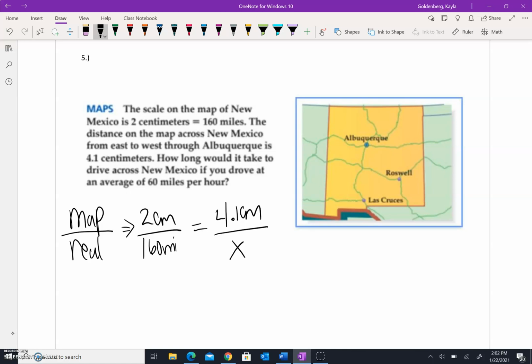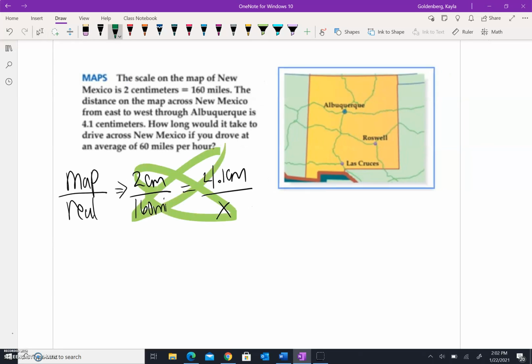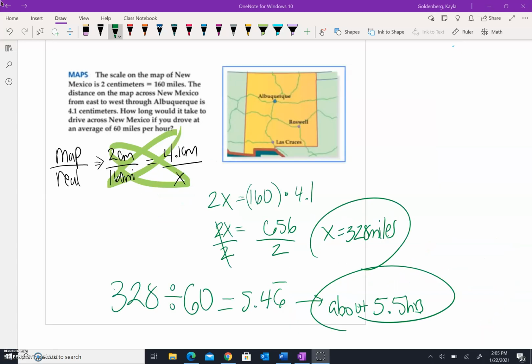And there's a secondary question, but I'm going to look at that after. So let's see how many miles that is in real life. I'm going to do my cross multiplying, which says that 2 times x has to be the same as 160 multiplied by 4.1. Solving that equation makes x 328 miles.